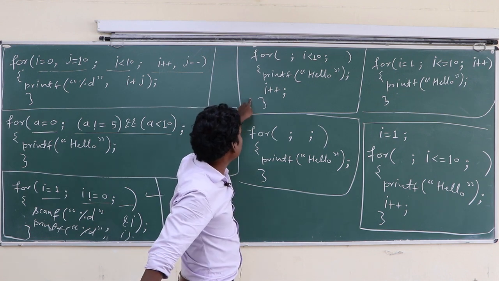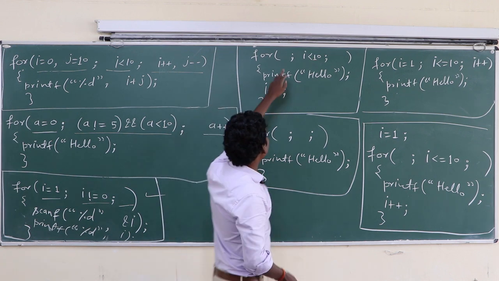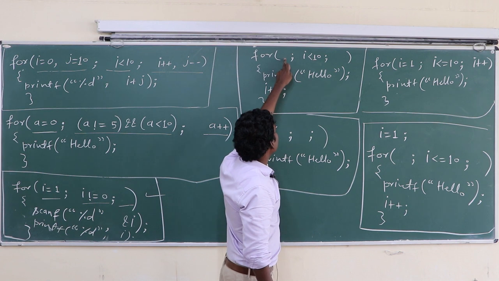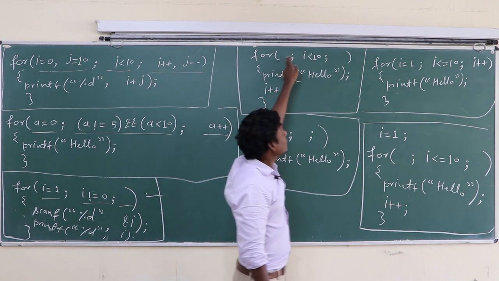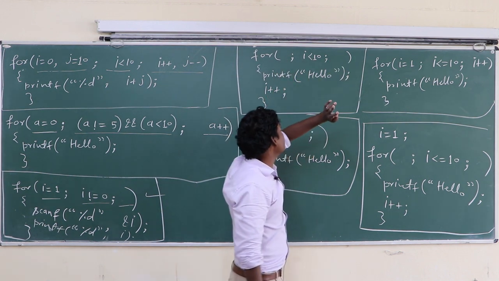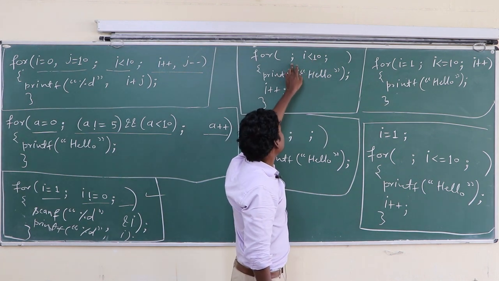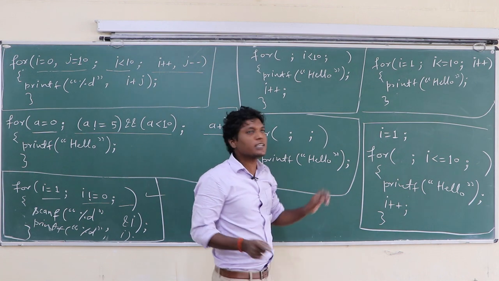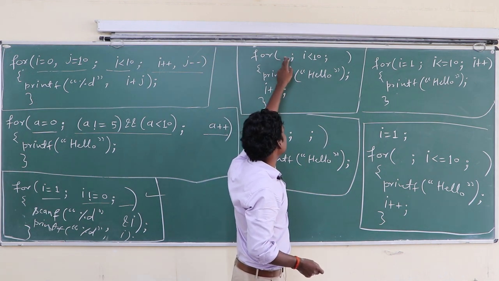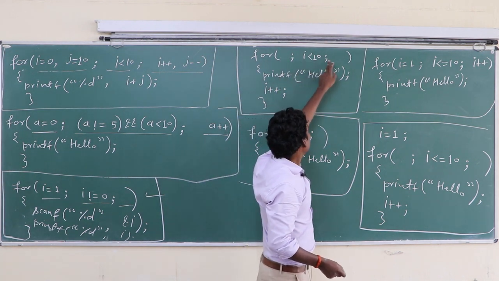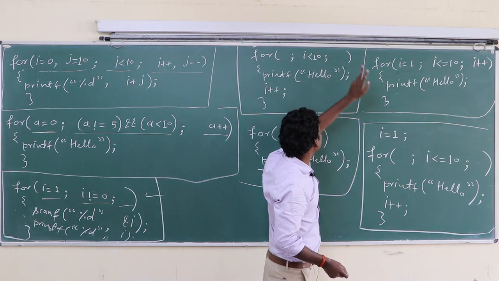Class, this is another for loop. Here initialization is missing, increment or decrement is missing, but the condition is here. So these two semicolons separate the three sections: initialization, which is missing; testing, which is present; increment or decrement, which is missing.